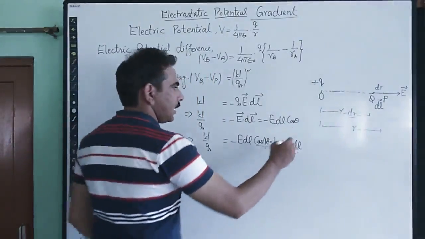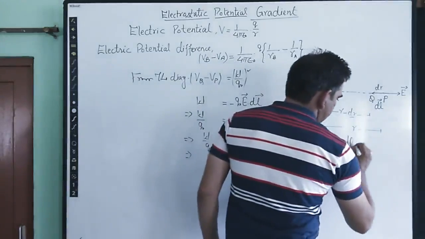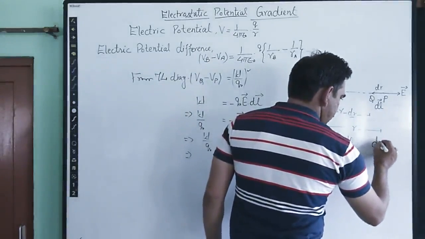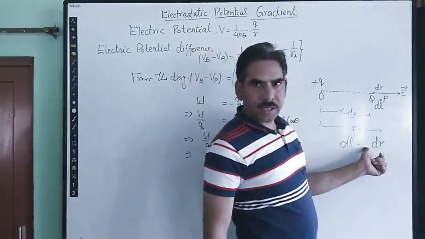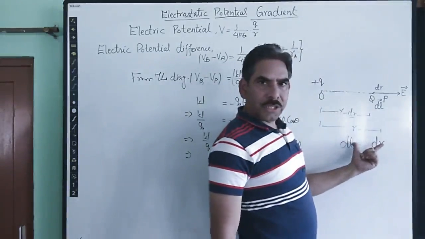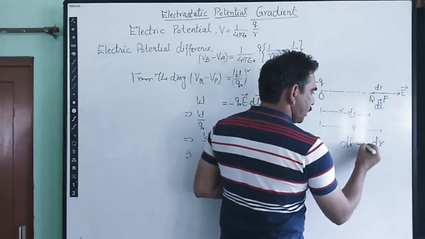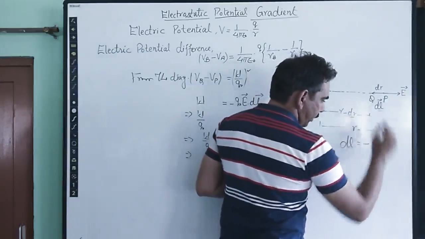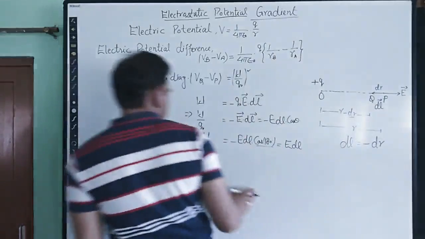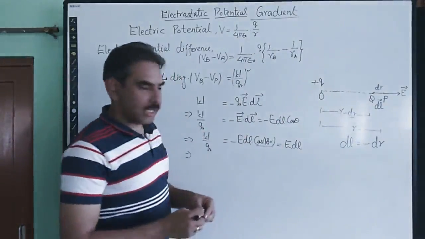So dl is the same as dr, the change in position r. Because both are opposite, we write a minus sign with dr. So dl is equal to minus dr.